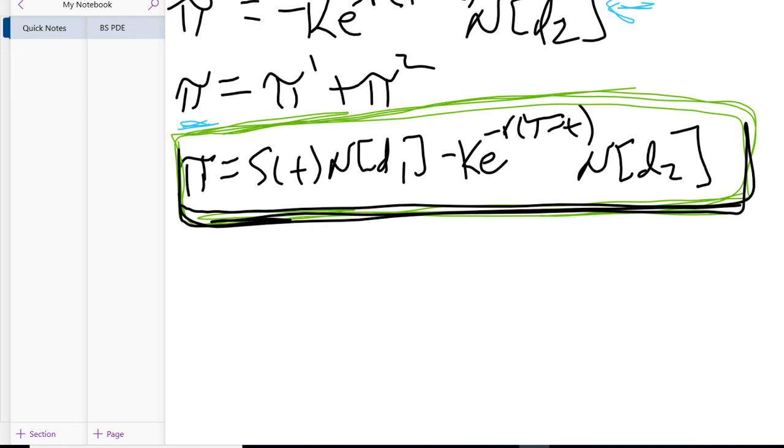And here we saw solving it via the Feynman-Kac theorem, which basically says that you can solve a parabolic PDE by casting it as a conditional expectation under some appropriate measure Q.